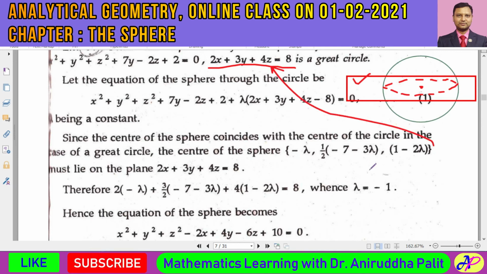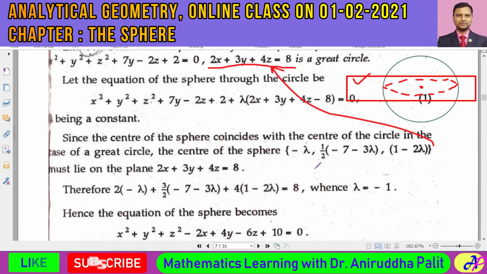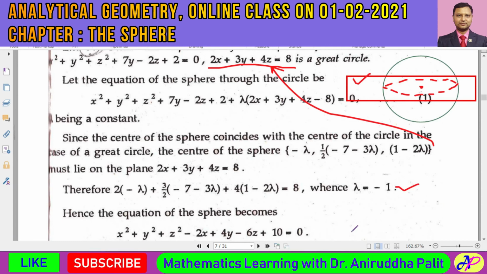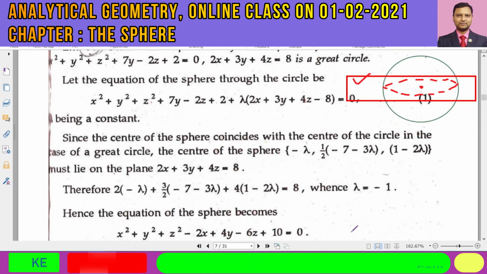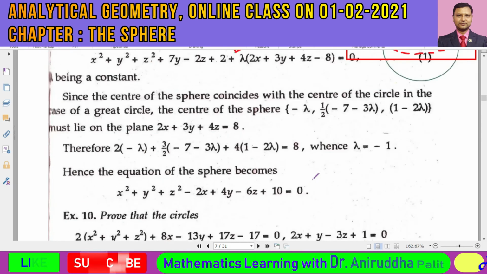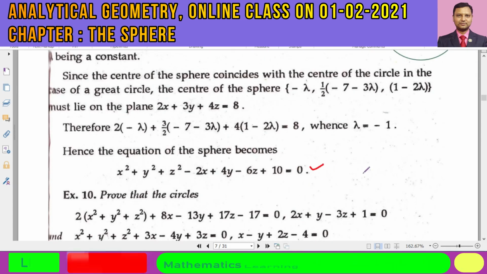So we can put these three quantities in place of x, y and z and solve. Ultimately we will be able to get the value of lambda. Over here lambda becomes equal to -1. So if we put the value of lambda equal to -1 in this equation of the sphere, then we will be able to find the equation of this required sphere.